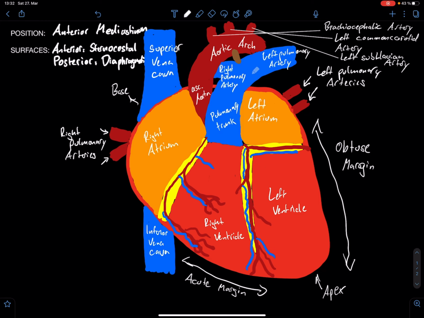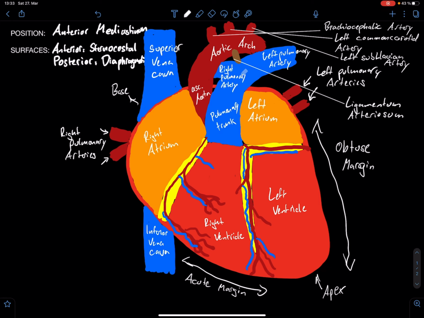Again, you can see I drew a brown structure here, which is a ligament called the ligamentum arteriosum. And the ligamentum arteriosum, again, is a remnant of the fetal circulation, in which it is called the ductus arteriosus.